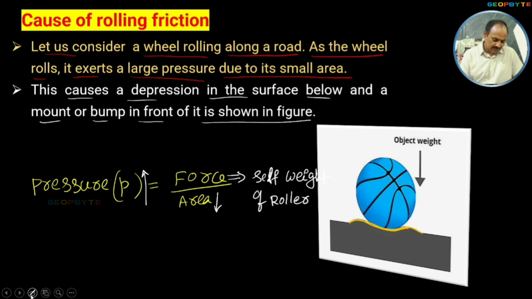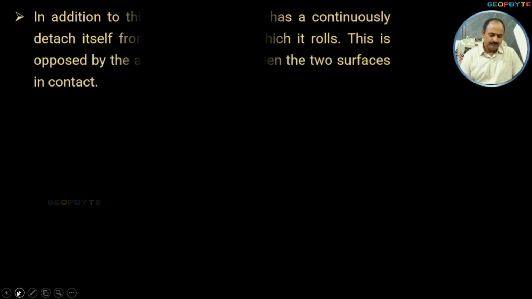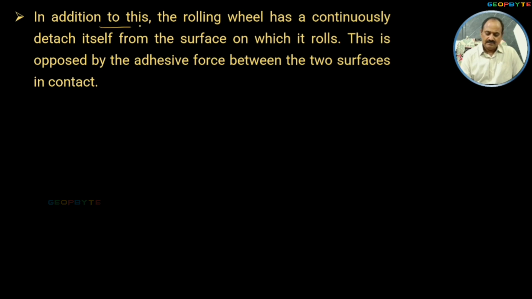Okay. Similarly, look at another important point. In addition to this, the rolling wheel continuously detaches itself from the surface on which it rolls. By the time the wheel is rolling over the road surface, part of the wheel is continuously attaching and detaching from the contact surface.